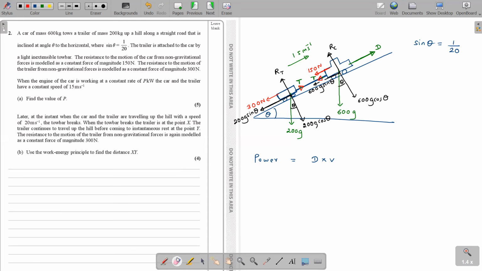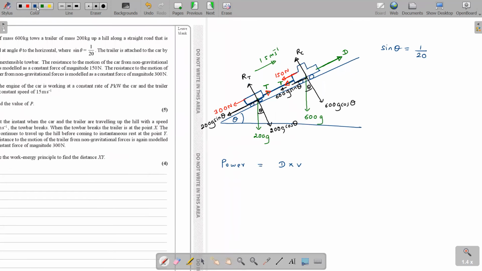Okay, so now they say the car and the trailer are moving at constant speed, right? So what you can do here is take the equilibrium of the forces for the trailer, and take the equilibrium of forces for the car.